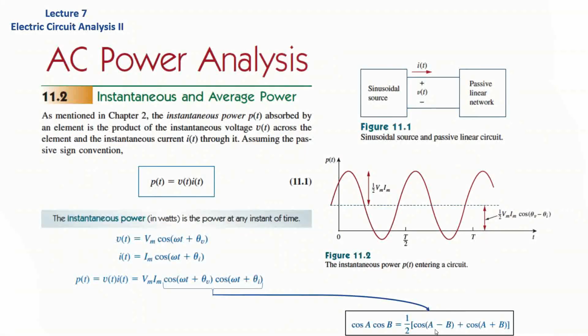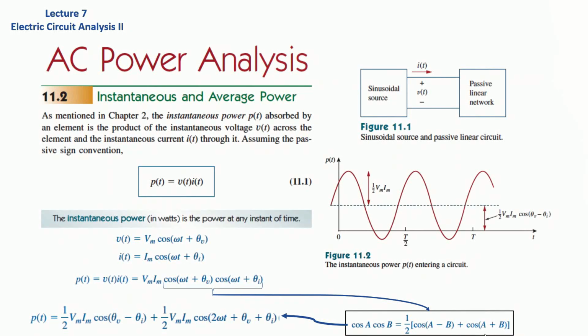First, let's write this part. Omega t plus theta V is your argument A, and omega t plus theta I is your argument B. The omega t part will be cancelled because of the minus operation, and you will end up with theta V minus theta I.